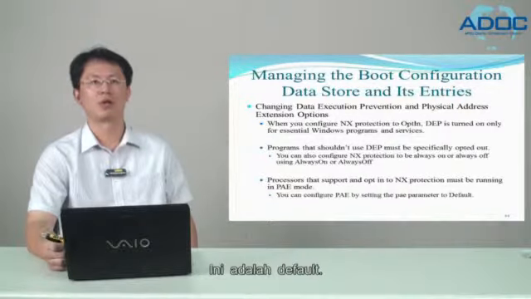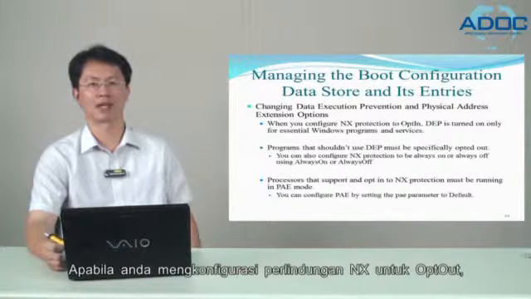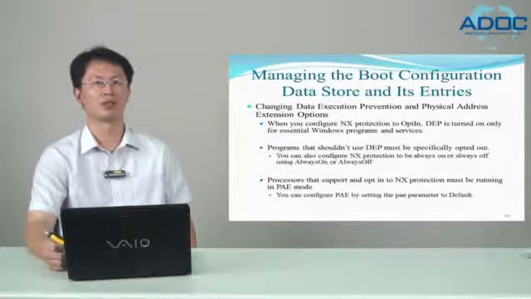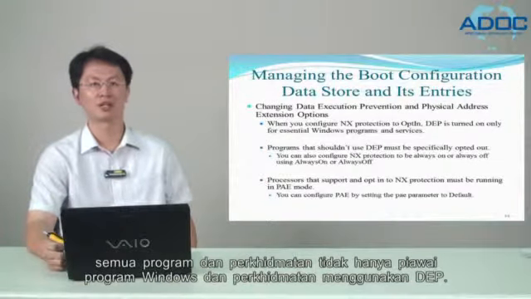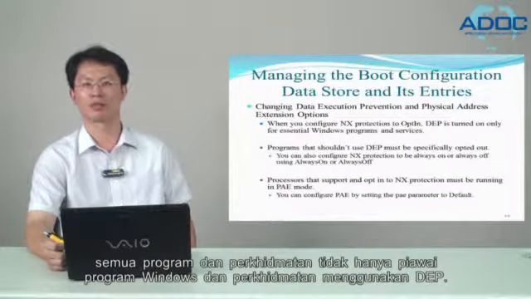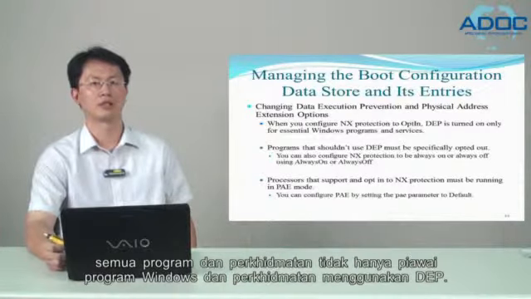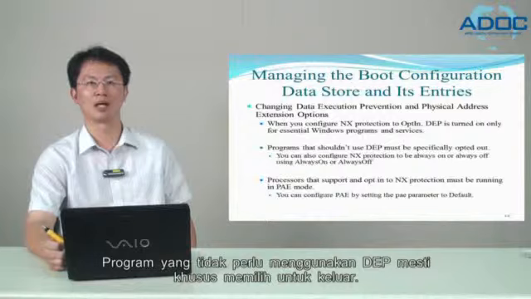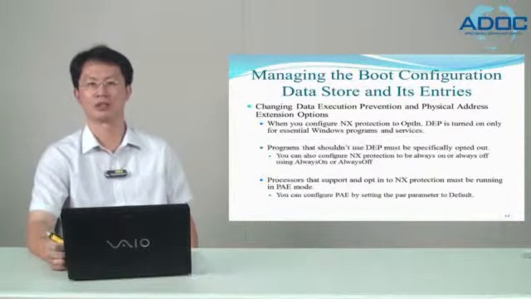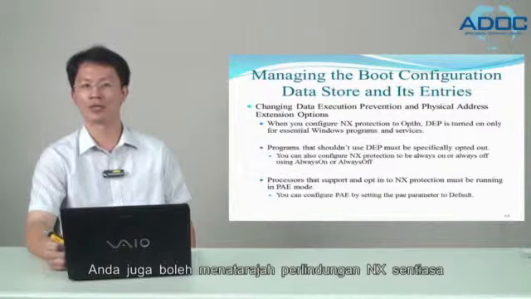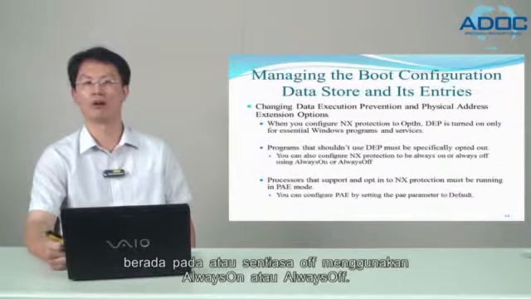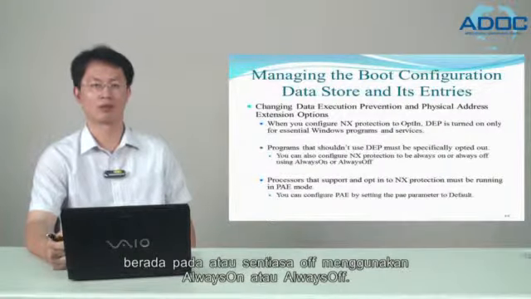This is the default. When you configure NX protections to OptOut, all programs and services, not just standard Windows programs and services, use DEP. Programs that shouldn't use DEP must specifically opt out. You can also configure NX protections to be always on or always off, using AlwaysOn or AlwaysOff.